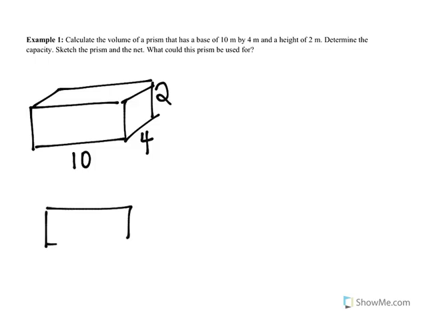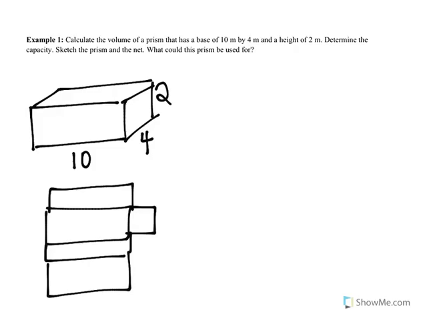So the net of this, if we unfolded it, would look like this. You can label those if you want, but I'm sure we could figure that out. But there's our unfolded net. So we're going to find the volume of this. The volume is going to be the area of the base times the height.